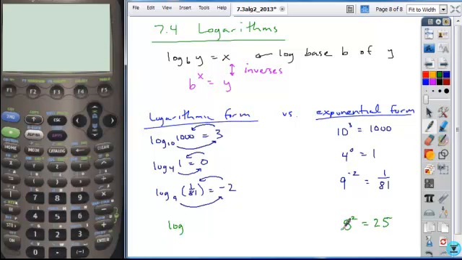The base of the log is the same as the base of the exponent, so 5. And then think about how we have this. We set it up, the log base of is whatever the whole value is. So we take our power, and that becomes our value, so 2. And then the value of our exponent becomes the inside part of our log, so 25 is inside.